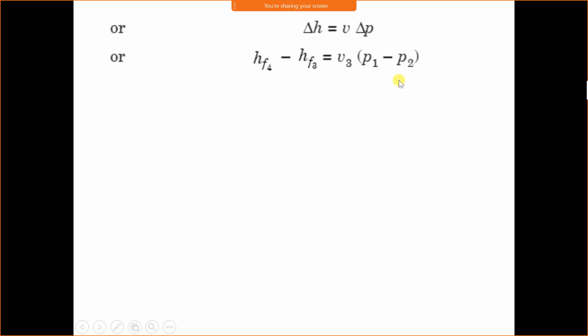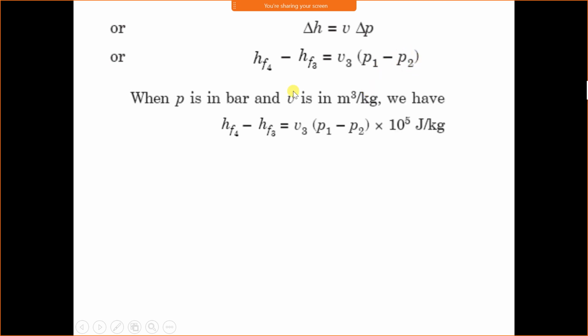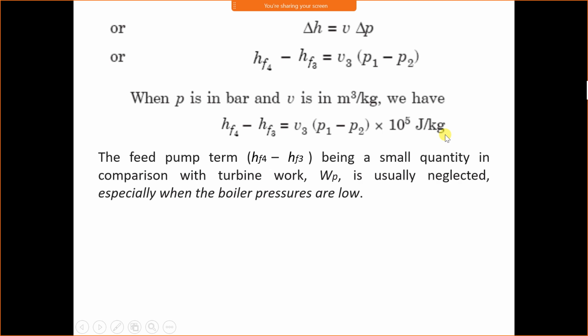We can say at the entry to the pump pressure is less, and at exit from the pump pressure is high. Therefore, P1 is the pressure at the exit of the pump and P2 is the pressure at entry to the pump. When P is in bar and V is in meter cube per kg, V is a specific volume. We have HF4 minus HF3 equal to V3 (P1 minus P2) into 10 to the power 5 joule per kg.